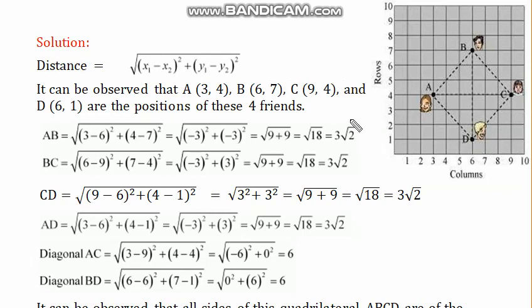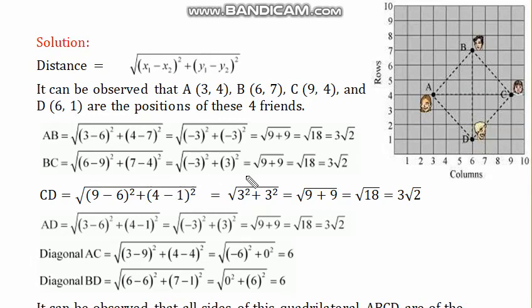So first we need to find out the side AB by using the distance formula. Substitute in this distance formula, then you will get the answer as square root of 18, equal to 3 square root of 2. Next we need to find out the distance between the students B and C by using the distance formula. B is (x1, y1) and C is (x2, y2).